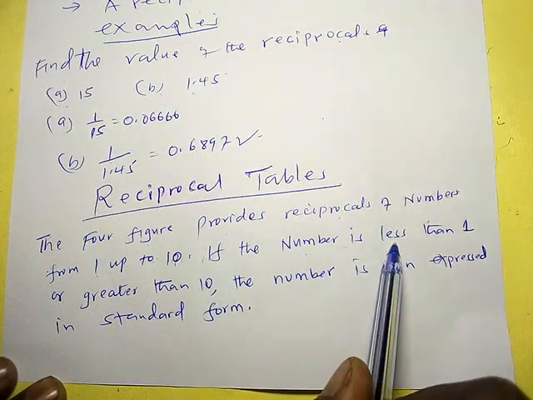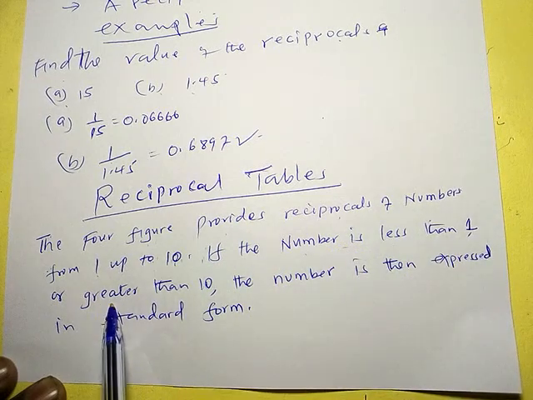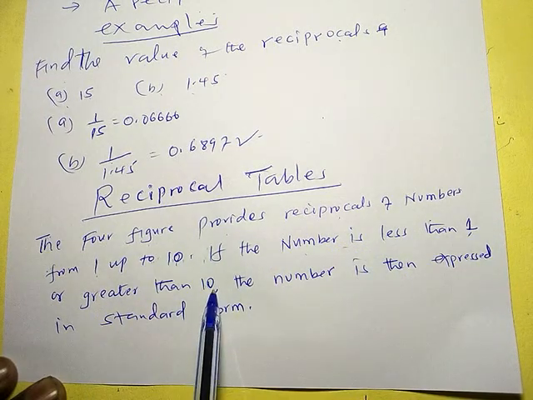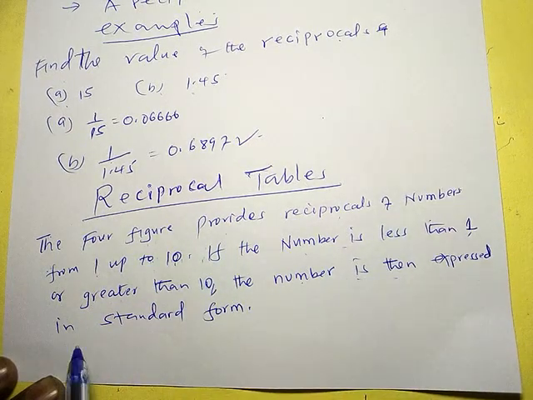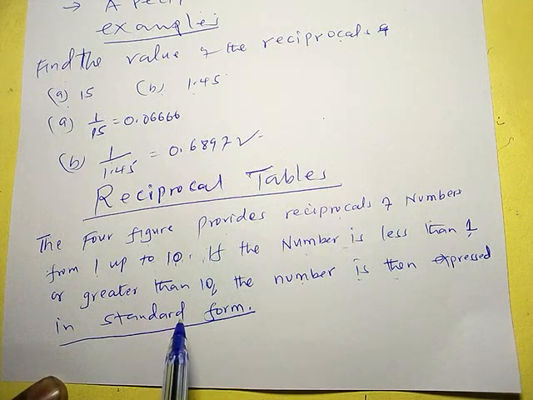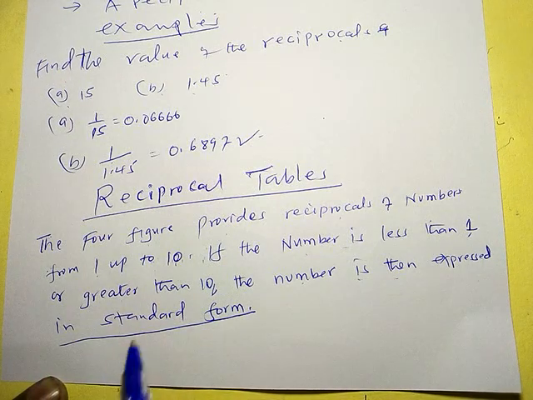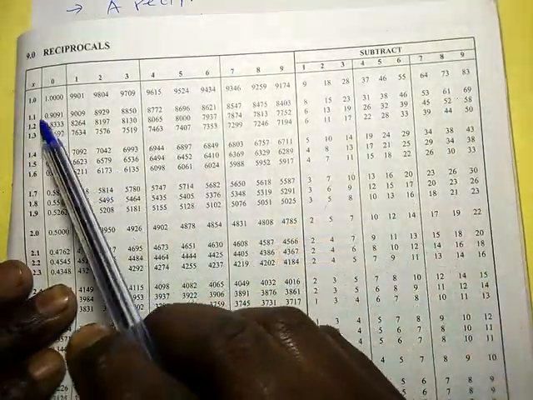If the number is less than 1, that is 0.0 something, or greater than 10, like 11, 12, 200, the number is first expressed in standard form. So you must express that number in standard form and then use the reciprocal table. This is our reciprocal four figure table.